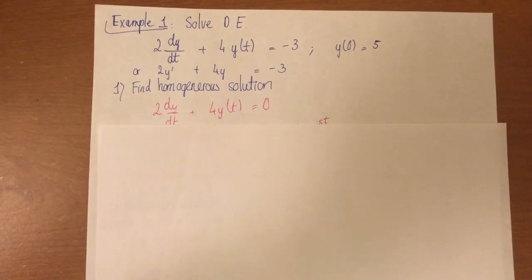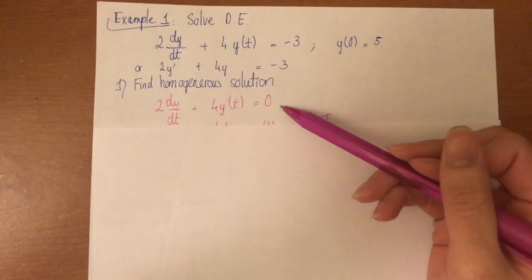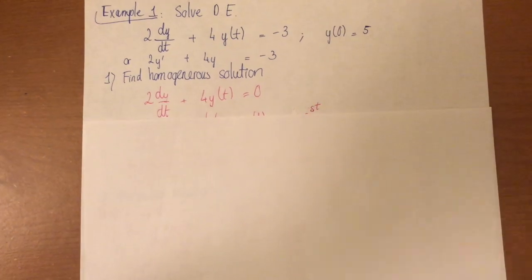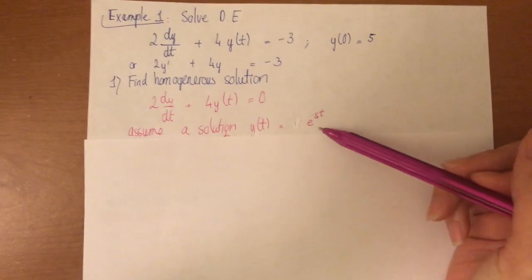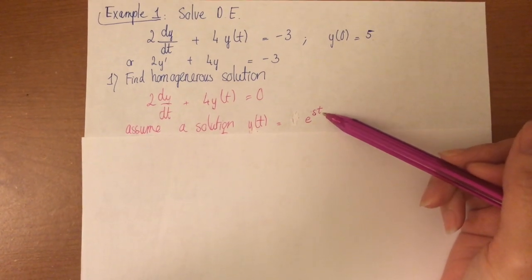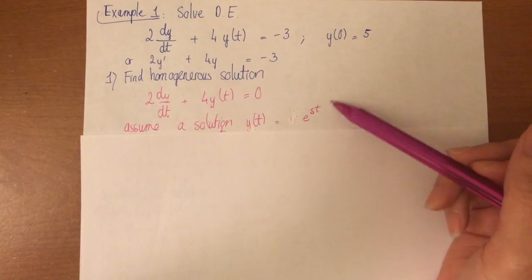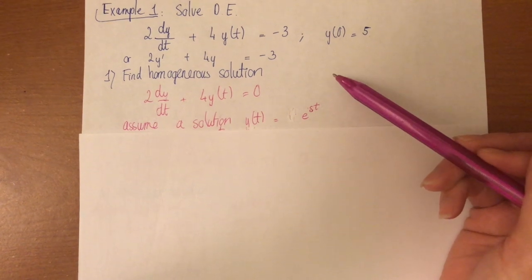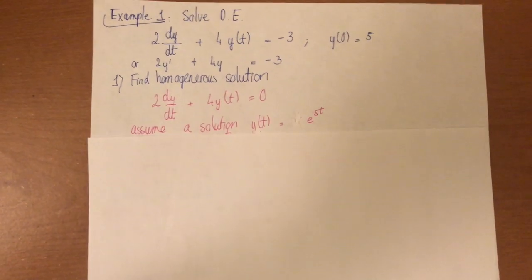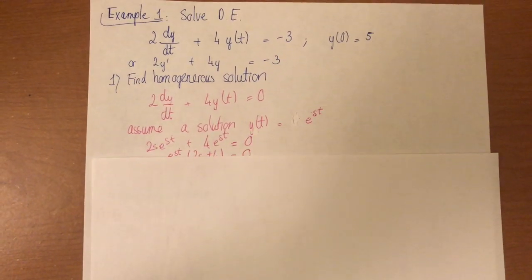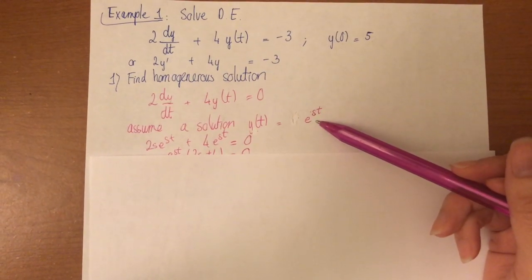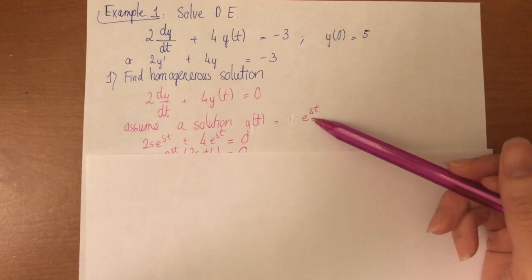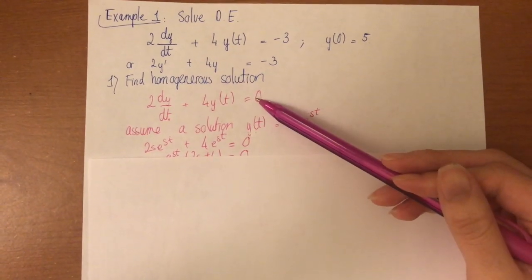So here I set the original equation equal to 0, and then we will assume a solution, y(t) equals e to the st, and this is what we do every single time for solving a first order differential equation in this class. Then we plug this solution into the equation.